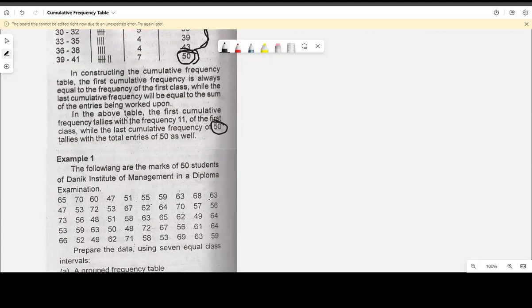Let's go through it. 73 is the highest. So the range of this data is 73 minus 47, which is 26. Then because we want to divide this into 7 intervals, we will divide this by 7.